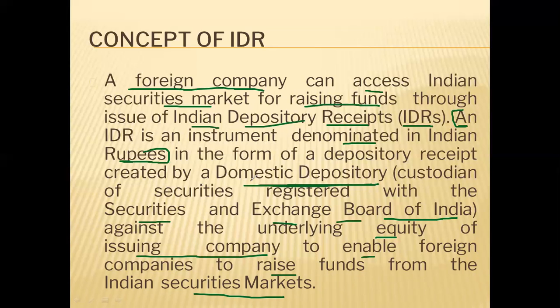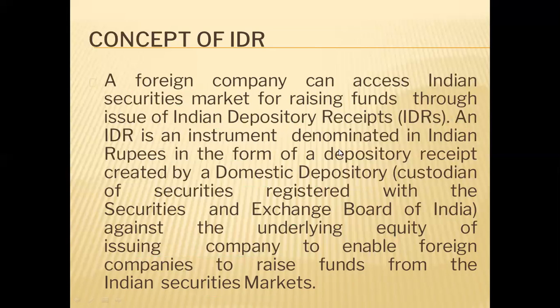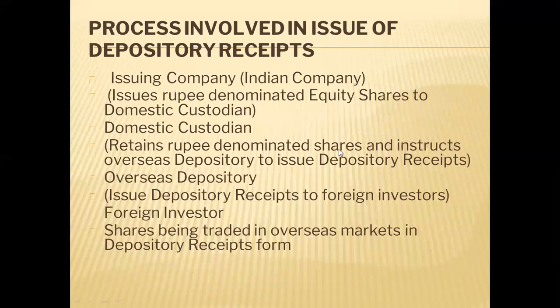The depository situated in India will issue the depository receipt on behalf of the foreign company, and investors in India can subscribe to it. So there will be a reverse functioning, same as the global or American depository. Here, instead of an Indian company, you can replace it with a foreign company.